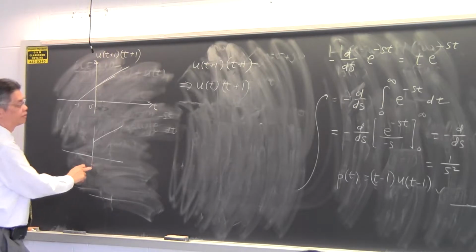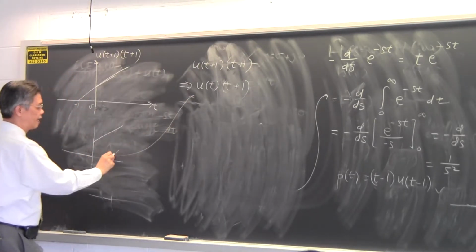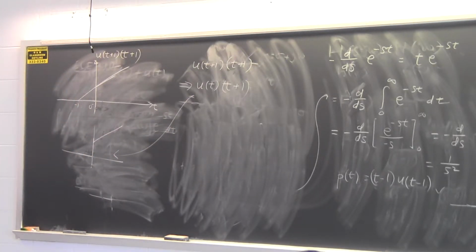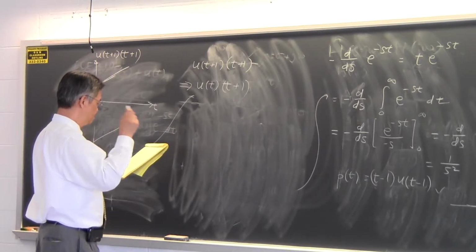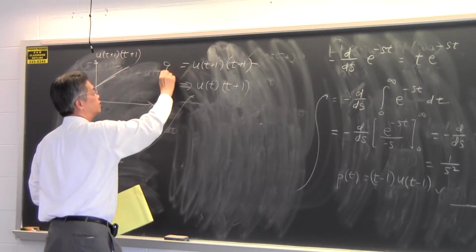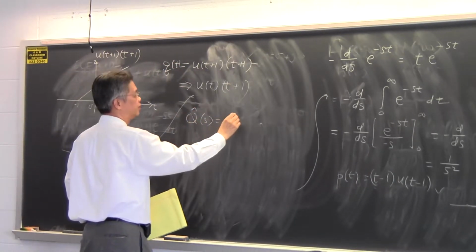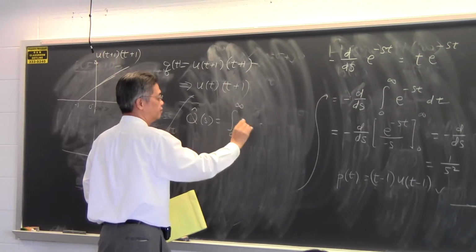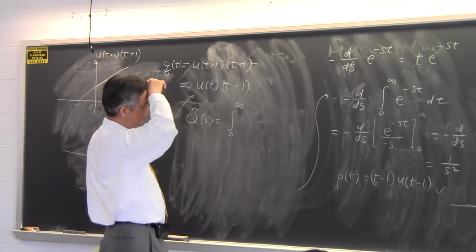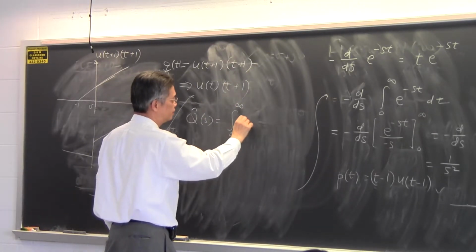So this function can look like that, and with that simplification, the textbook called this function q of t. And q hat of s will be equal to the integral from 0 to infinity of t plus 1.